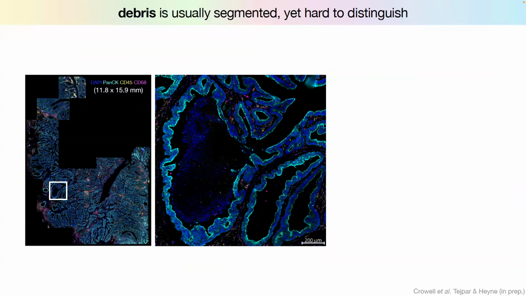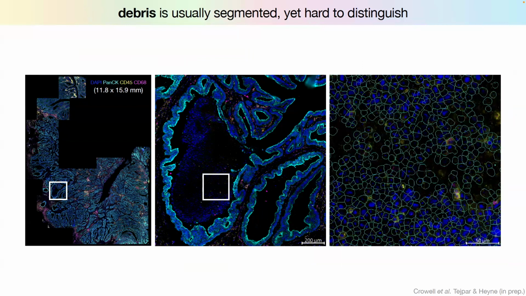And in here, there's DAPI, but they're not cells. We really don't know what they are. And the problem is that the segmentation thinks they're cells. So the segmentation sees the DAPI and it segments a bunch of cells. And what we think now is that this is debris that the tumor is flushing out, or dead cells, or it's not clear, but it's debris that is being segmented.